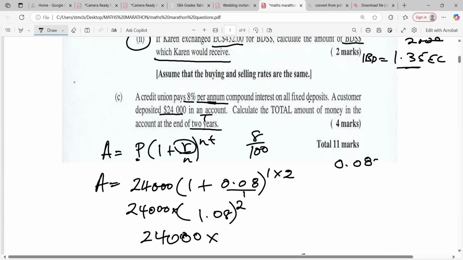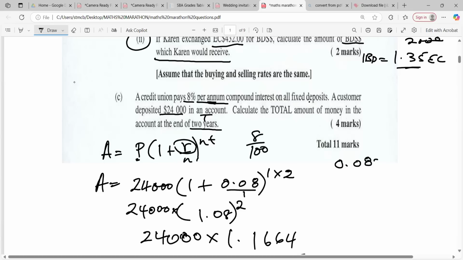Alright, when we punch it in the first time, we get 1.08 times 1.08. That gives me 1.1664.